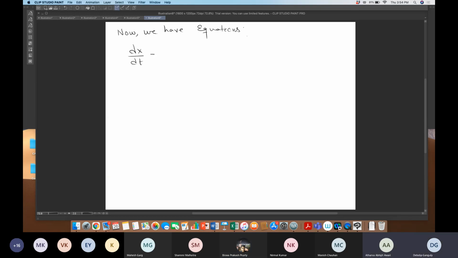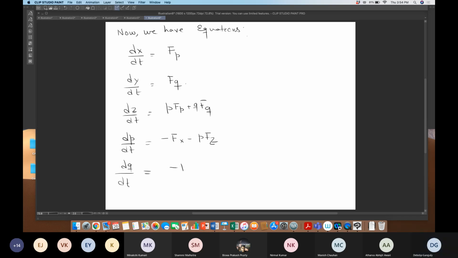Then dy by dt equal to fq. dz by dt equal to pfp plus qfq. dp by dt is equal to minus fx minus pfz, and dq by dt is equal to minus fy minus qfz. The one thing I have used is the chain rule.